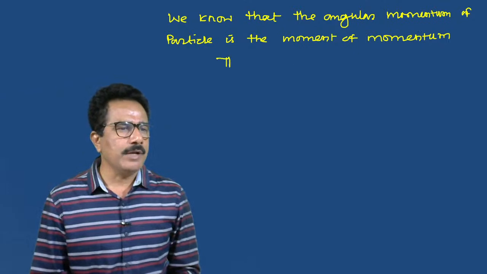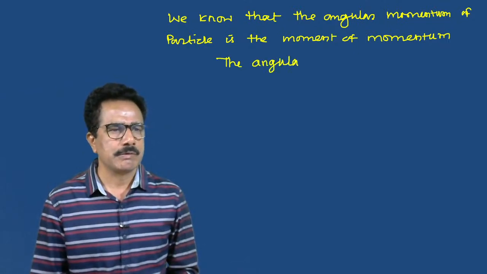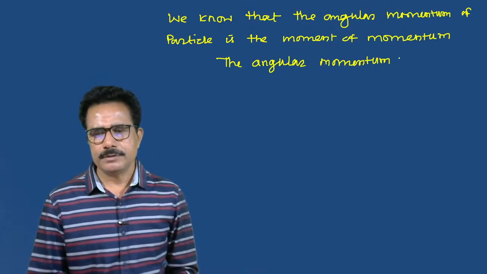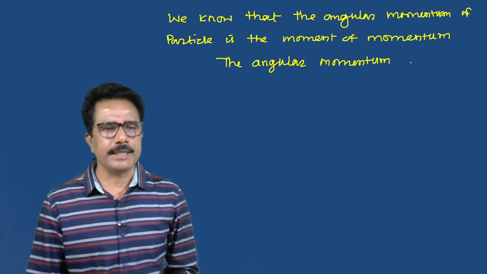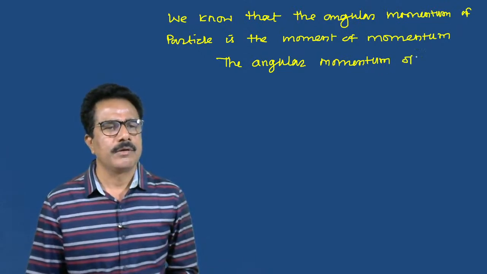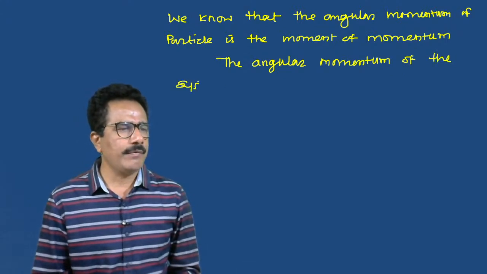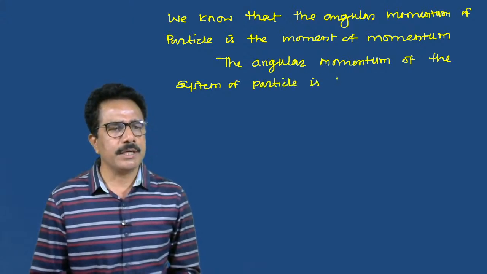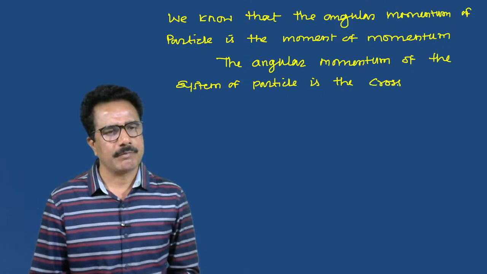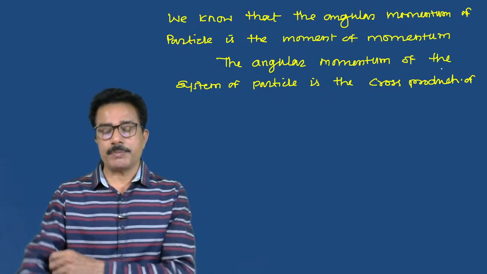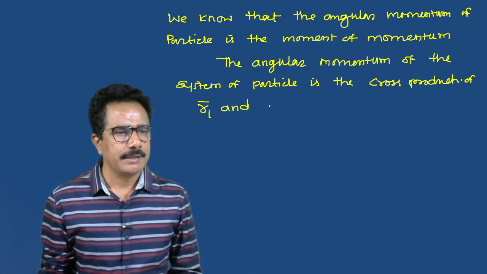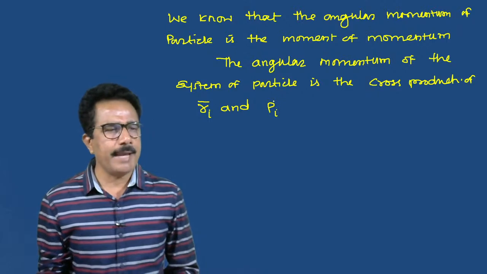So the angular momentum of the system of particles is the cross product of Ri bar and Pi bar.